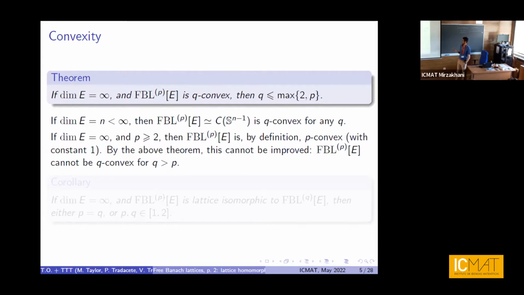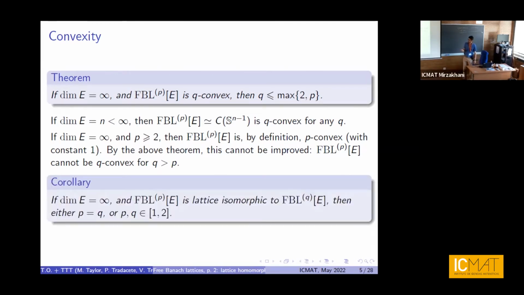And of course, here you have convexity for any Q. But now going back to the case when P is greater than or equal to 2, then from the definition, this P free Banach lattice is P convex, and this theorem states that this cannot be improved.